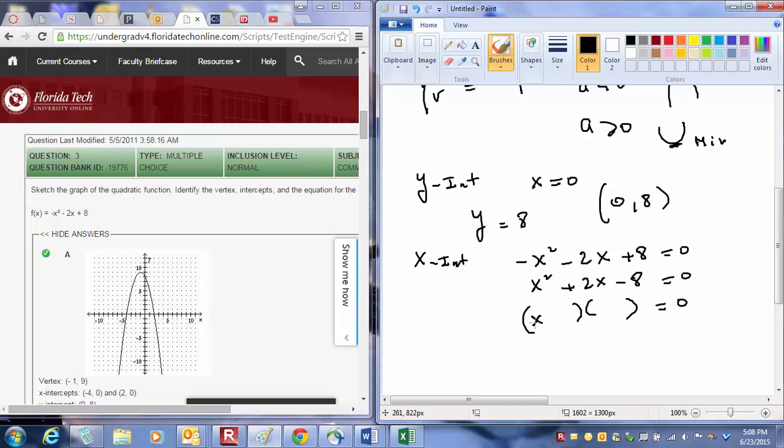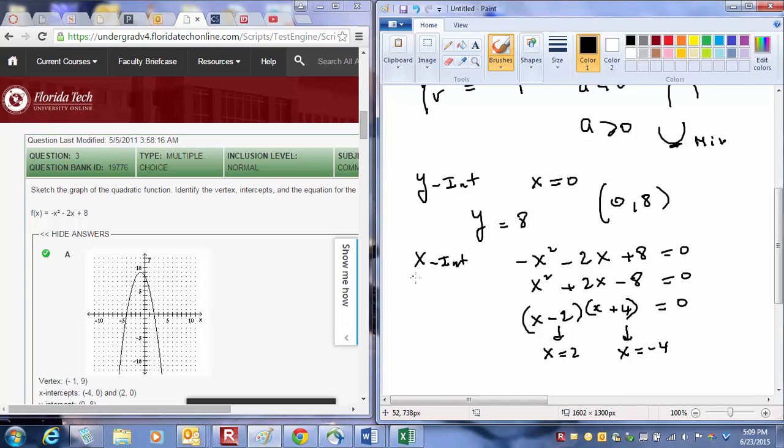So the product negative 8 is going to be negative 4 times 2 or negative 2 times plus 4. But the sum is plus 2, so we're going to take negative 2 and plus 4, because 4 plus negative 2 is plus 2. And therefore x is either plus 2 or x is negative 4, and those are the x-intercepts.